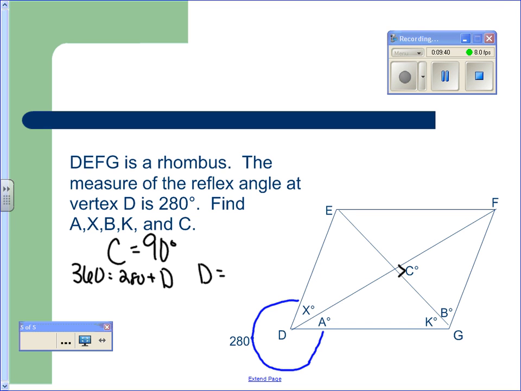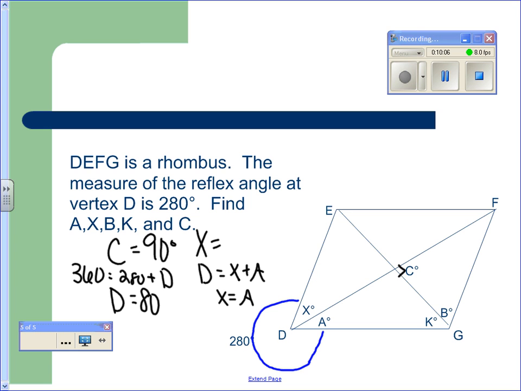And d equals x plus a. And what do we know about x and a? So x equals a, right? You can use any of those that you need to. What does d have to be? Does that make sense? So how would we figure out what x and a equals?